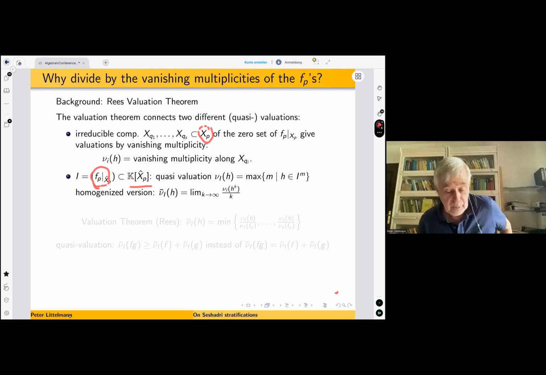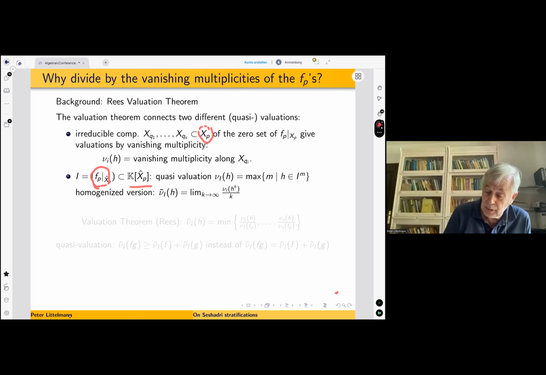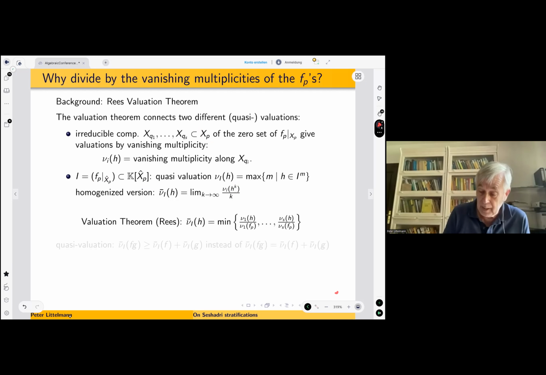But this quasi-valuation was not good enough. So people considered limits. You not only look at the quasi-valuation for h, but also for its powers. Then you divide by the corresponding power and take the limit for k going to infinity. One can show that this exists, and it's actually a rational number. The valuation theorem by Rees connects these two. It says I can either calculate this by using this limit procedure, or I look at what I first was looking at, the vanishing multiplicities along all these divisors.